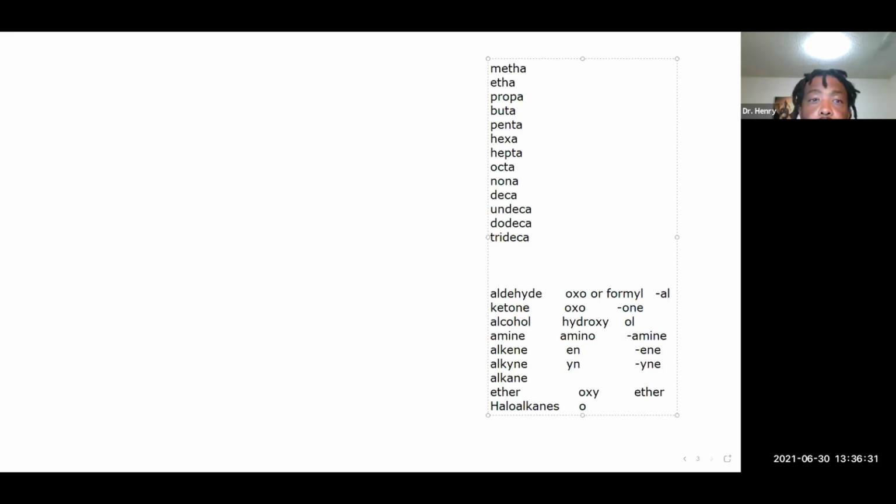Okay. So what does an aldehyde look like? An aldehyde kind of looks like a ketone. So it has a double bond carbon to an oxygen, but on one side, it just has a hydrogen.